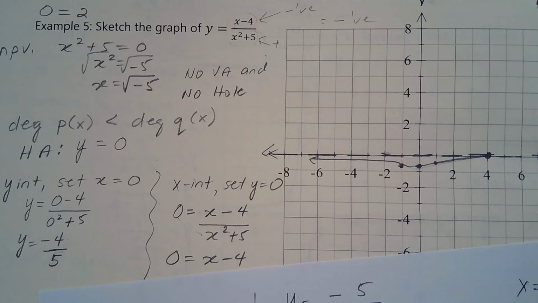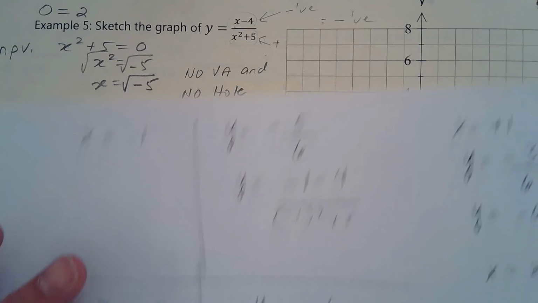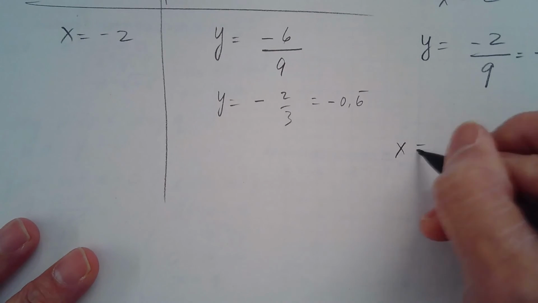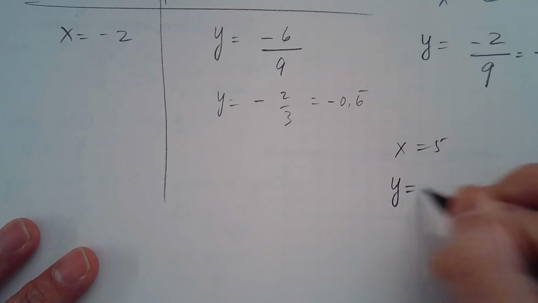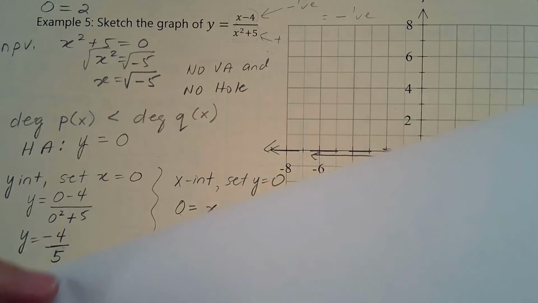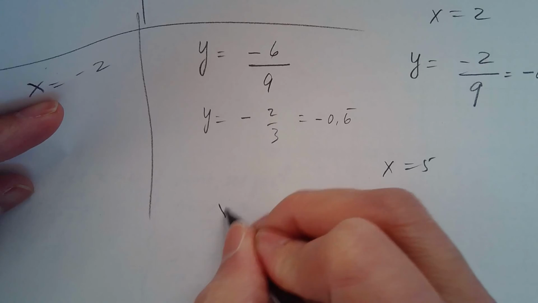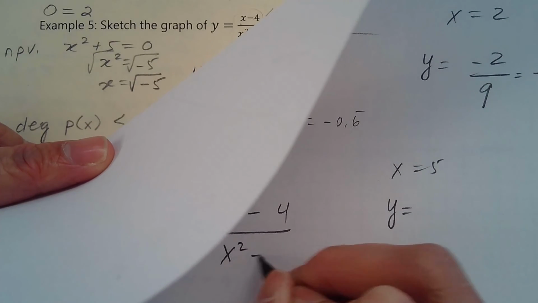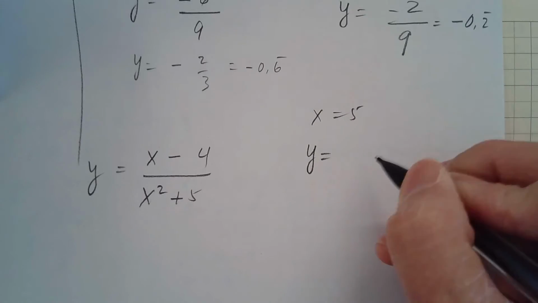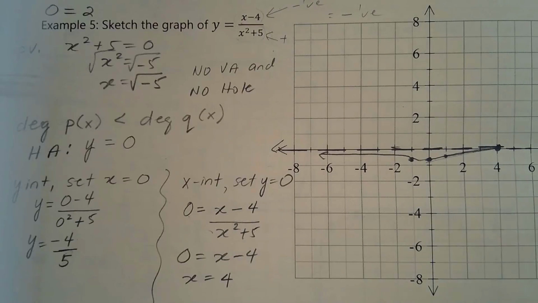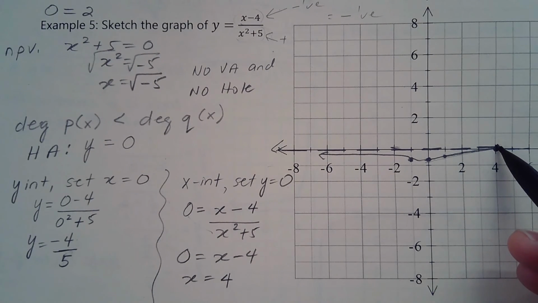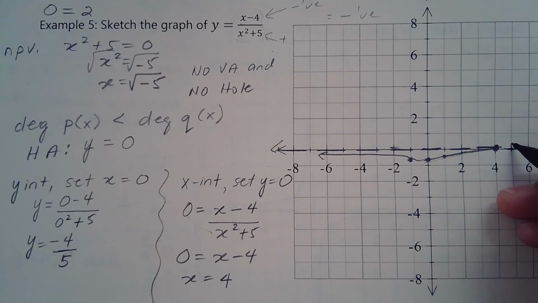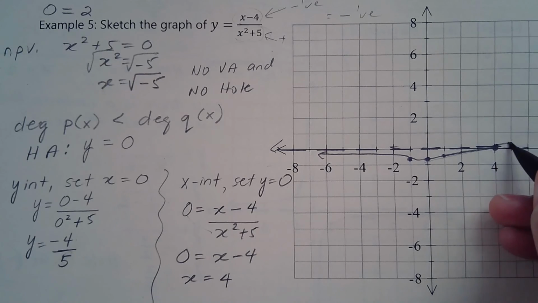Okay, if x is 5, it's going to be 1 over 30. And, oh, it's positive this time. Okay, positive this time.